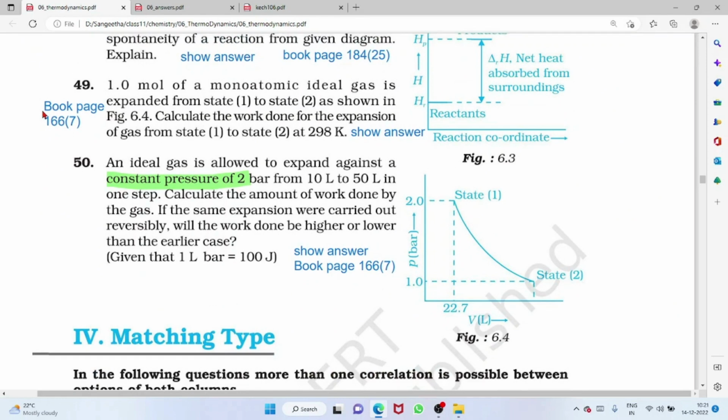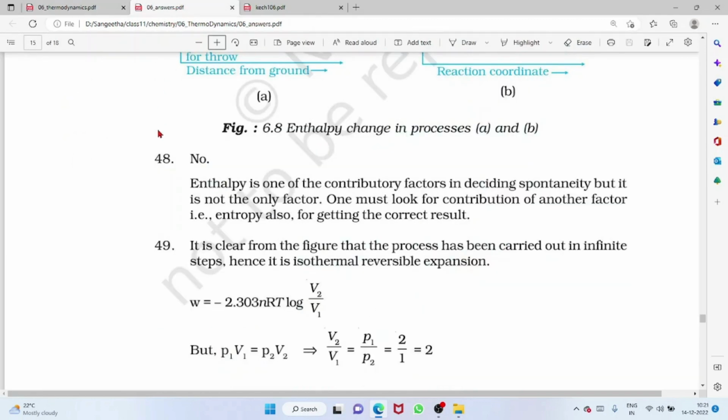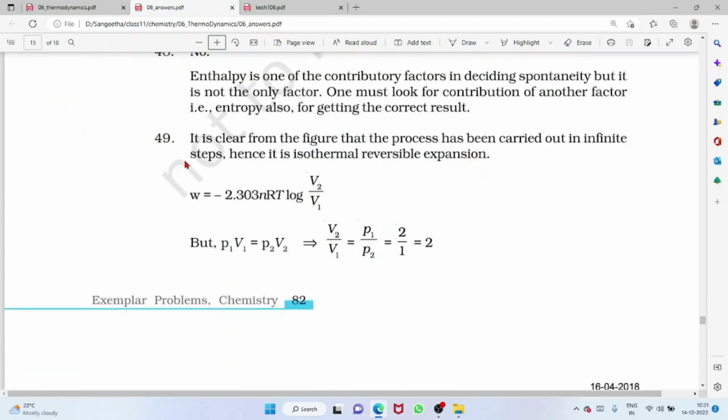1 mole of a monoatomic ideal gas is expanded from state 1 to state 2 as shown here. Calculate the work done for the expansion of the gas from state 1 to state 2, at 290 Kelvin. Okay, work done. It is clear from the graph that the process is carried out in infinite steps, hence for the isothermal process this is the formula for work done.